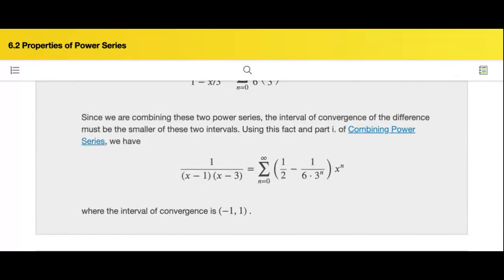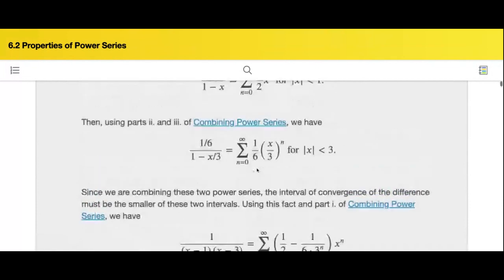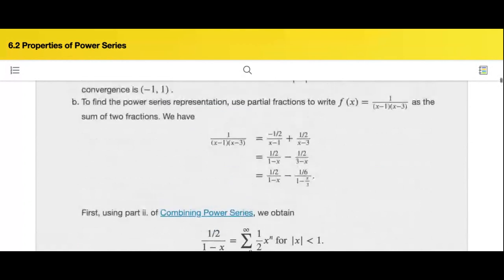For the partial fraction, does it matter which fraction has negative half? Oh, it matters. When you do AB, you think, okay, we have A over x minus 1 plus B over x minus 3, right?